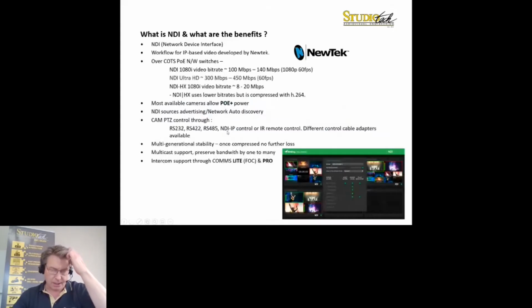NDI is at the moment, I think, very familiar among broadcasters in Belgium and around. Just to have a brief explanation of what NDI is: NDI is a Network Device Interface that's mainly used in IP-based workflows, but the initial development was done by Newtek.